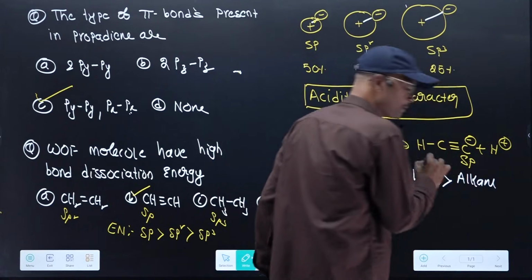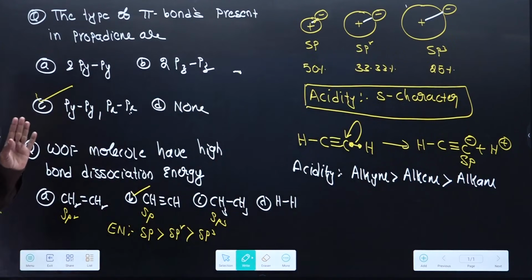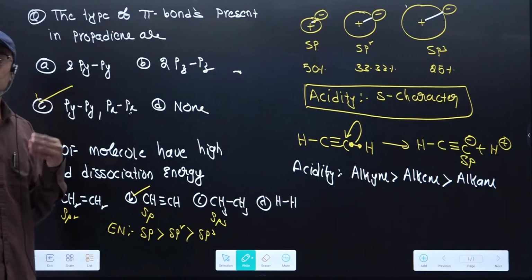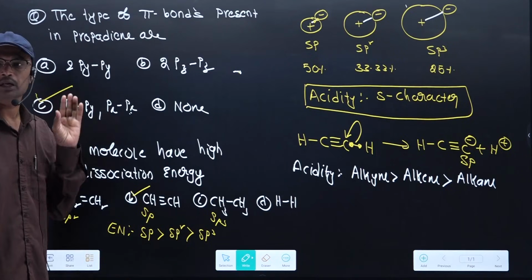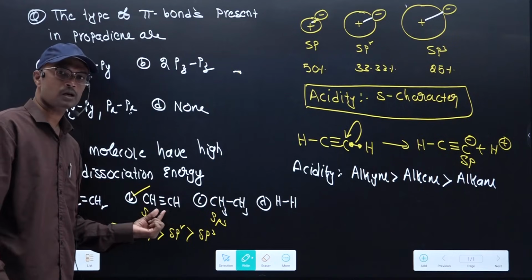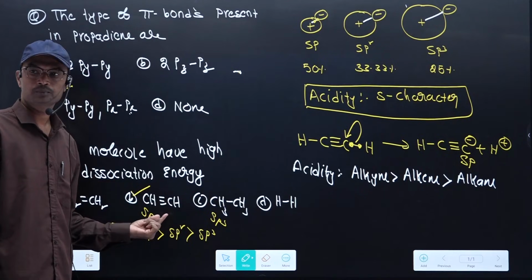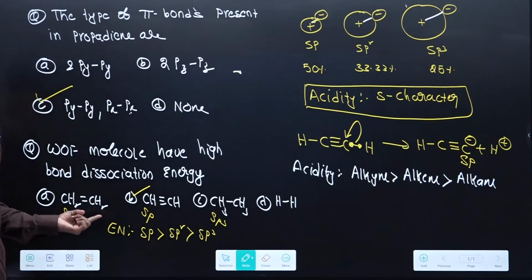This I will explain in inductive, mesomeric and hyperconjugation. Right now you remember the electronegativity order for carbons. Whichever carbon has more S character is a powerful electronegative carbon. Between double bond, triple bond and single bond, which carbon is more electronegative? Sp, sp2 or sp3?